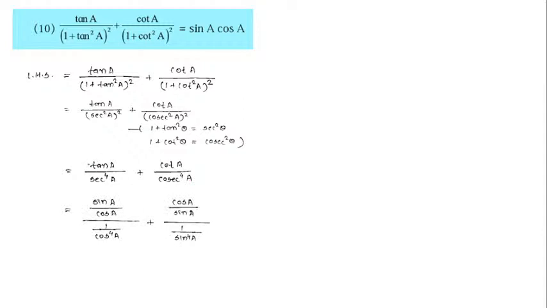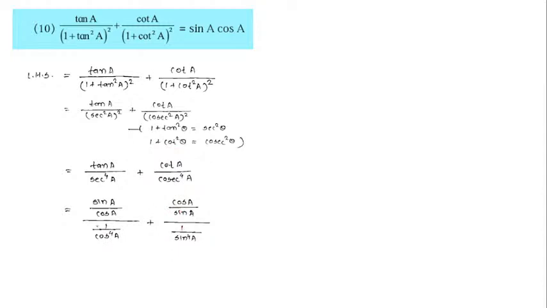Now instead of tan a, we can write sin a divided by cos a, as there is a relation between tan, sin and cos. In the same way, in the denominator, we have the reciprocal of sec raised to 4a, that is 1 by cos raised to 4a. For the second term also, instead of cot a, we can write cos a divided by sin a, divided by, instead of cosec raised to 4a, its reciprocal, 1 divided by sin raised to 4a.